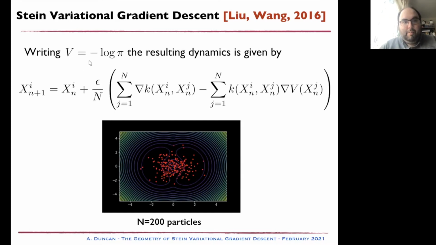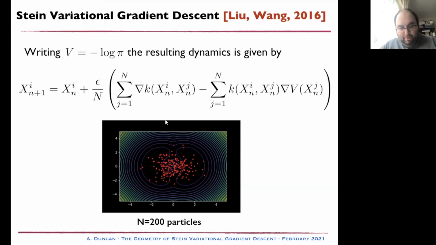And I'll do this throughout this lecture, I'll just write V as minus log pi, being a physicist a little bit. So V is the potential. You can then write down an update rule for every particle going from time n to time n+1 in this way.